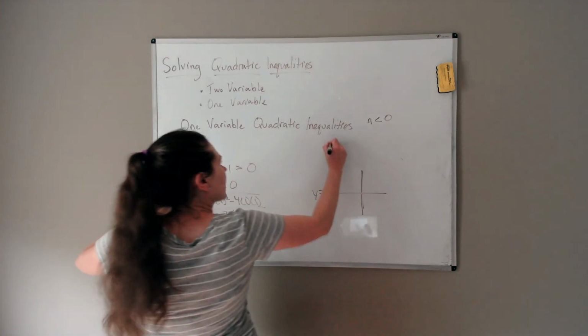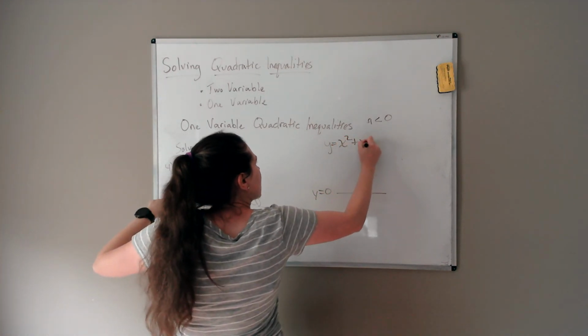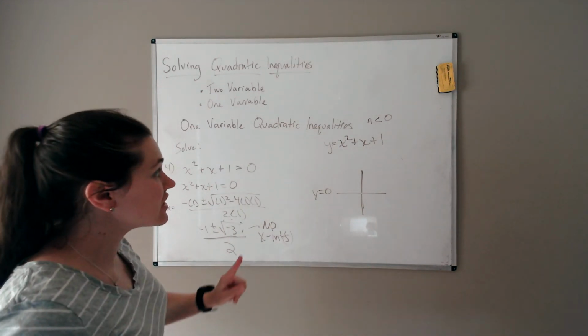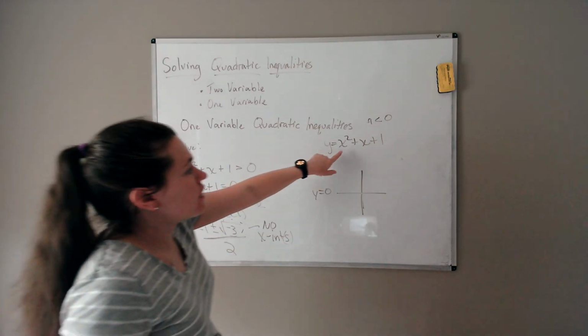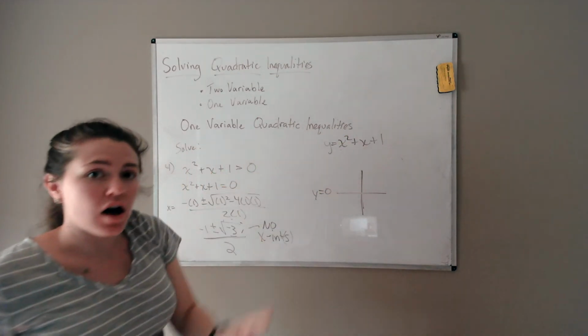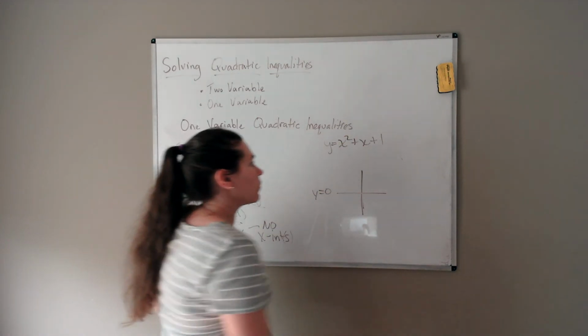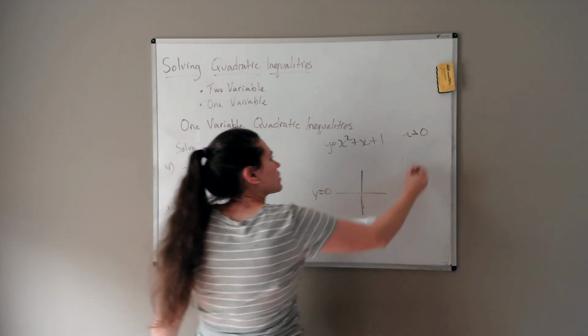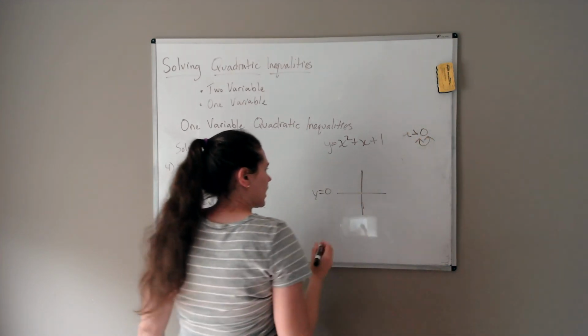If you were to look at that graph, it has no x-intercepts, okay? Is this going to be a U that faces up or faces down? Well, A is greater than 0, so it is a U that faces up, okay?